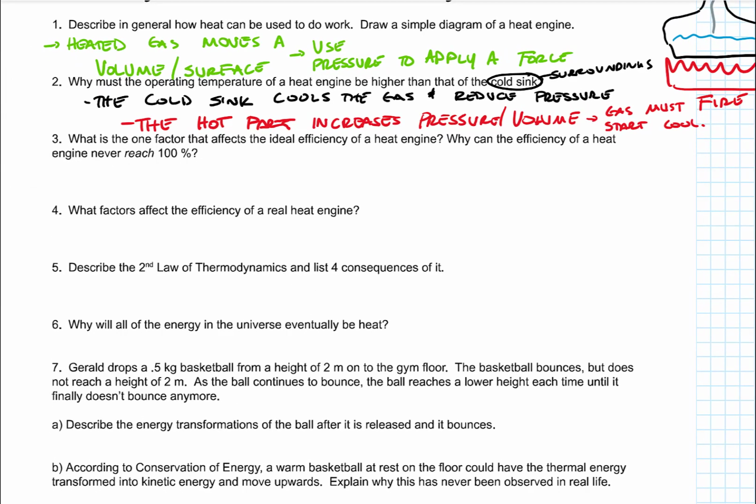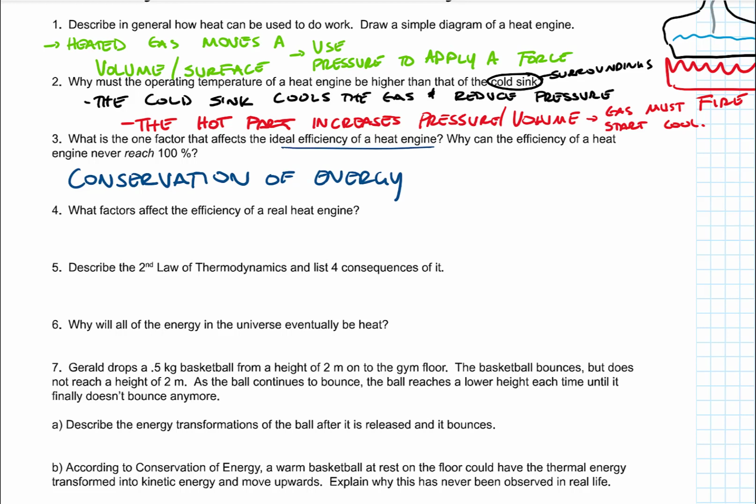What is the one factor that affects the ideal efficiency of a heat engine? That one factor is the conservation of energy. This is why we cannot exceed 100%. That's the ideal efficiency of a heat engine, right?